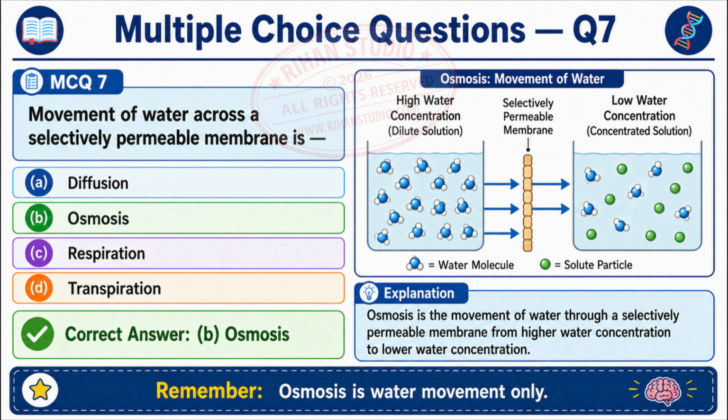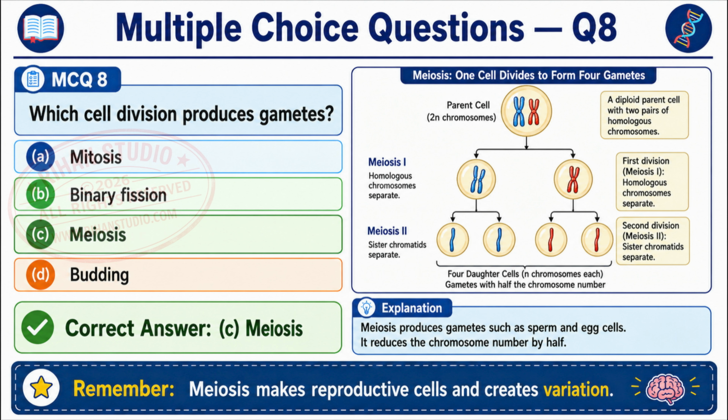Movement of water across a selectively permeable membrane is A. diffusion, B. osmosis, C. respiration, D. transpiration? Answer: B, osmosis. 8. Which cell division produces gametes? A. Mitosis, B. Binary fission, C. Meiosis, D. Budding?